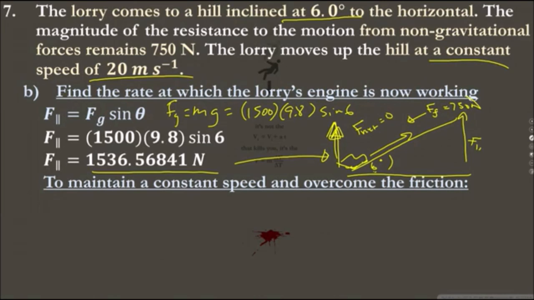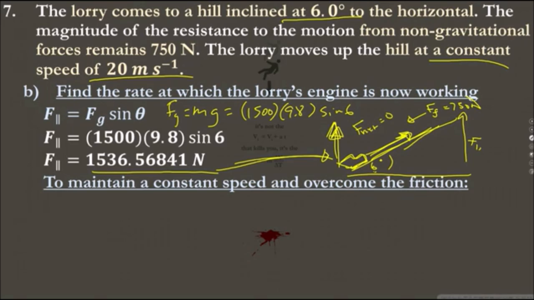If the forces aren't balanced, then our object is not maintaining a constant speed of 20 meters per second. So we need to not only look at the force we need to go up the slope, we also need to consider the force we need to overcome this friction force going against us.